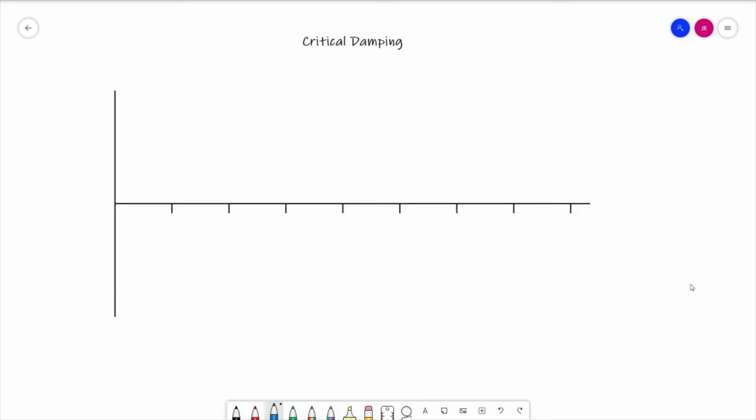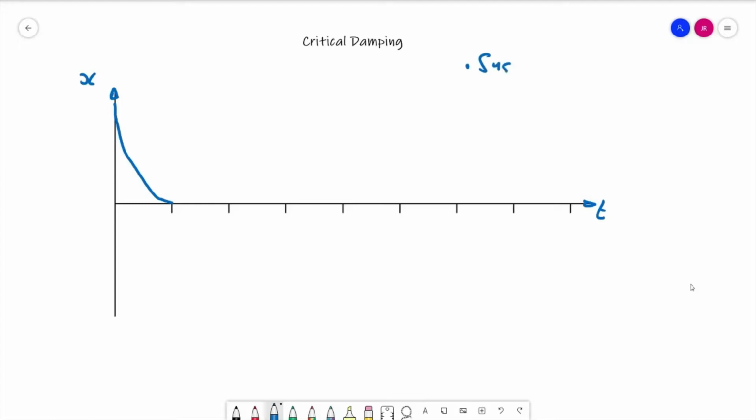Now, in between that, at the crossover between the two, we find critical damping. If we draw the graph again, x against t, critical damping occurs when the system returns to equilibrium as quickly as possible without any oscillations occurring.